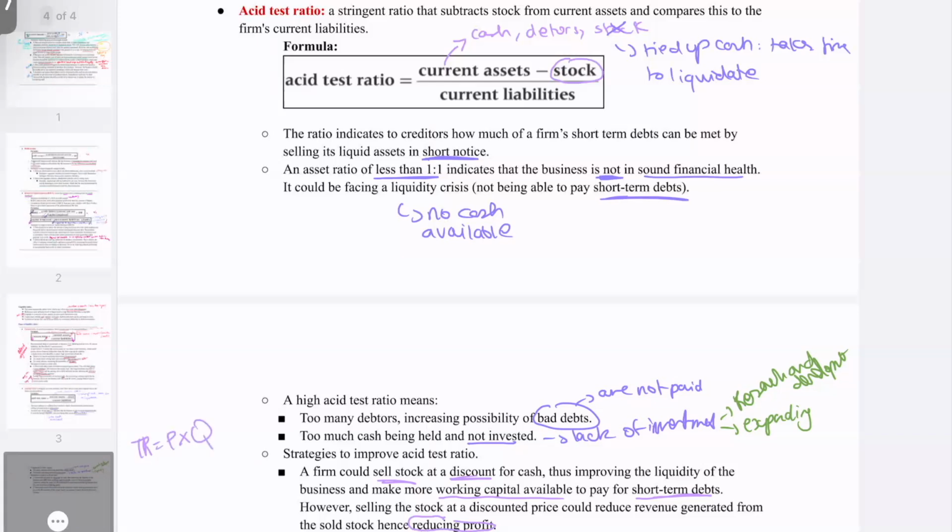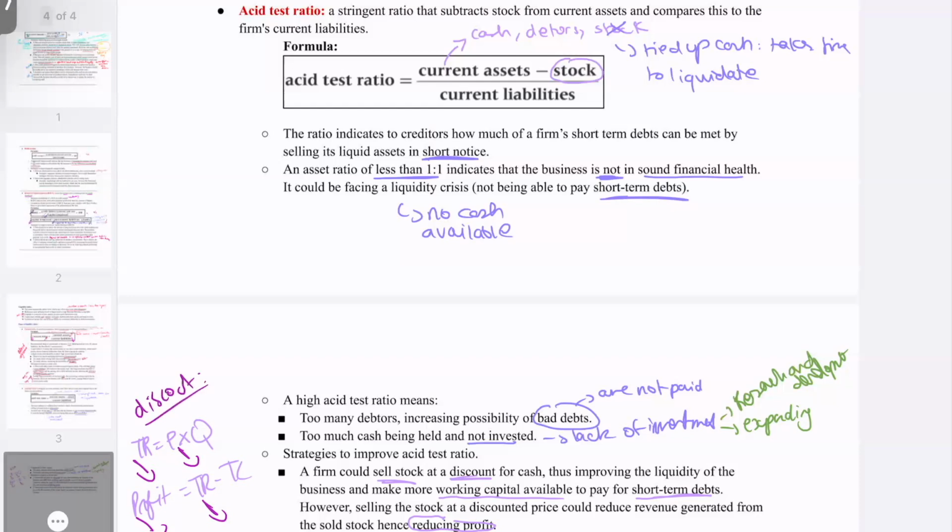So when price decreases, so does total revenue. And profit is basically total revenue minus total cost. So when we decrease total revenue, we decrease profit. This is what happens when you do a discount.